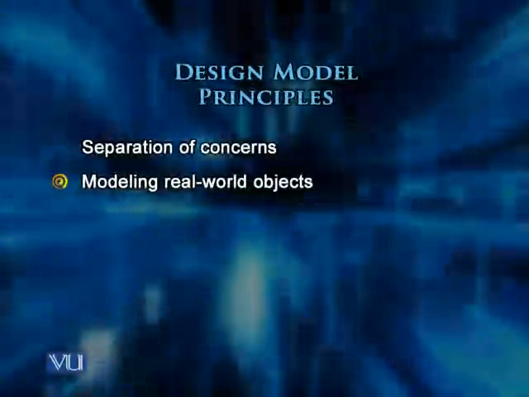Second is modeling real-world objects. Whenever we are in the process of developing a software solution, we have to go through a lot of intermediate steps. The first is requirements engineering processes.